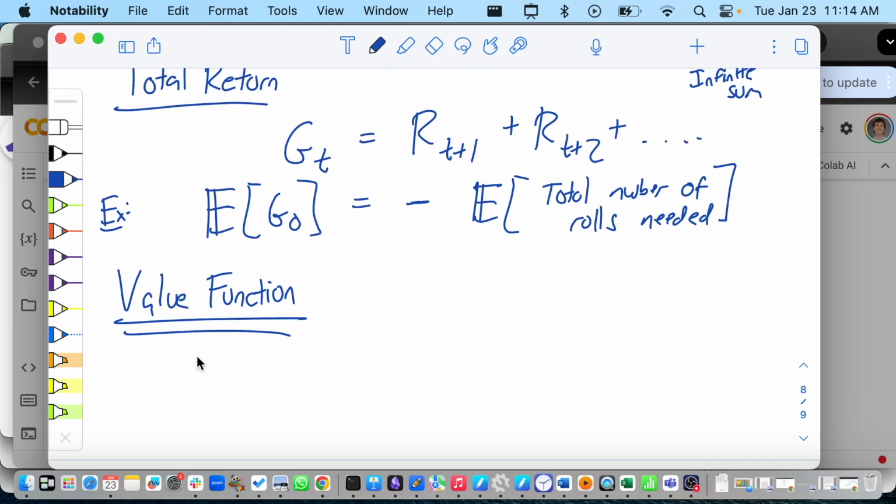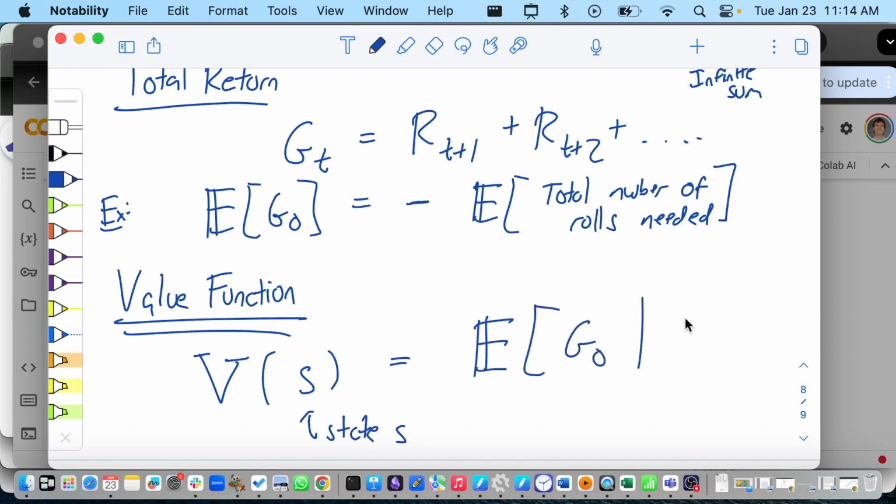So the value function will input some state S, and it is the expected value of G_0 started from S, that is, S_0 equals S. So you can think about it: the input is what state you're in, and the output is how much reward you will get all the way up to the future, starting from where you are.